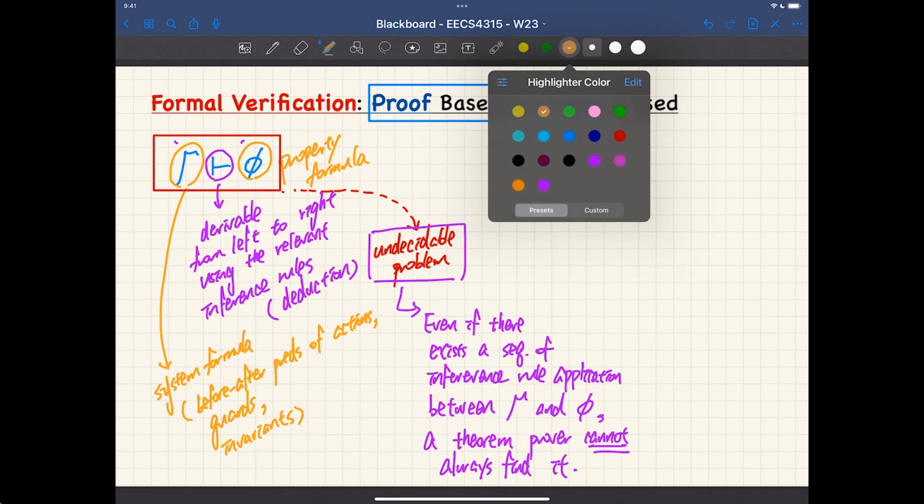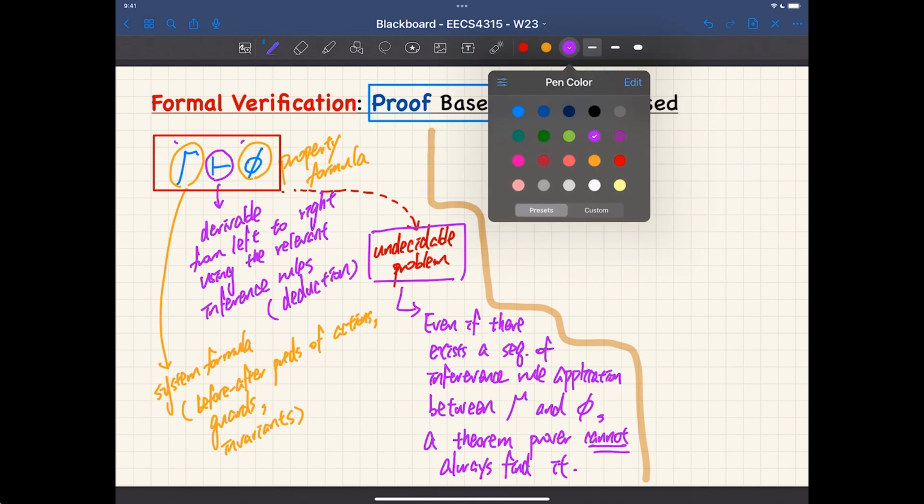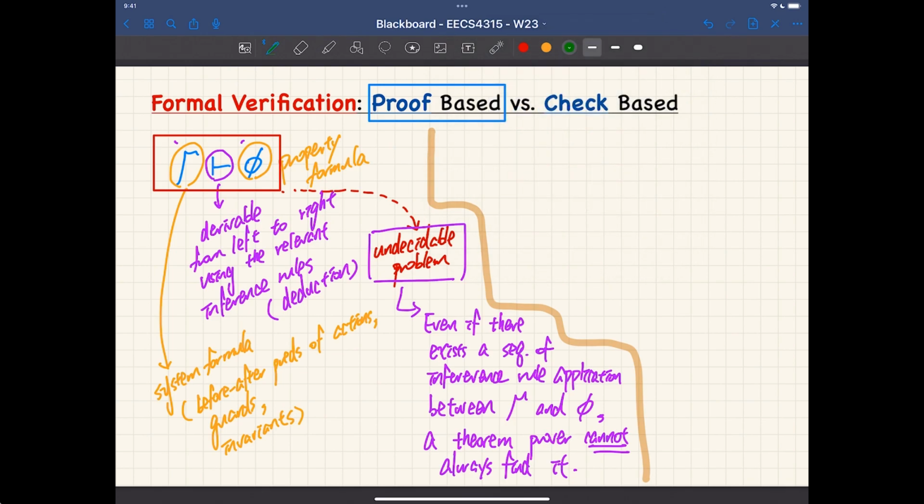For the check-based approach, this will be the formula to look at: M, and this is what Chidalu asked me last time, and now we're going to explain it more precisely, and also phi. So these are the two.